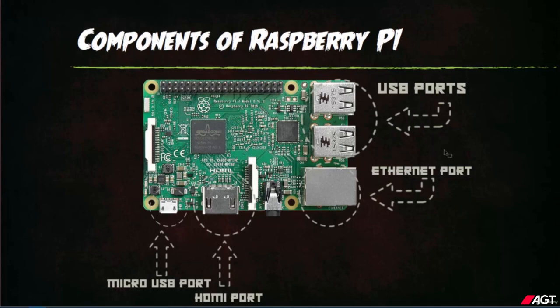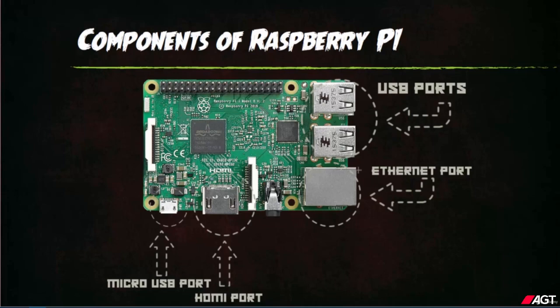Components of Raspberry Pi. There are four USB ports over here, as you can see on the Raspberry Pi board. These four USB ports can be used for connecting our USB mouse and USB keyboard, as well as wireless adapters.